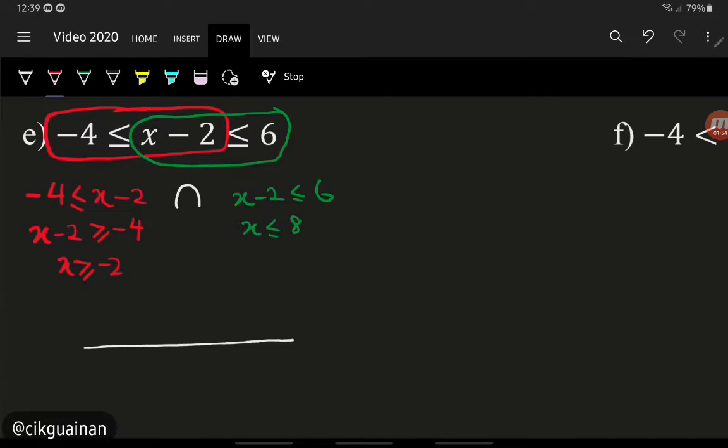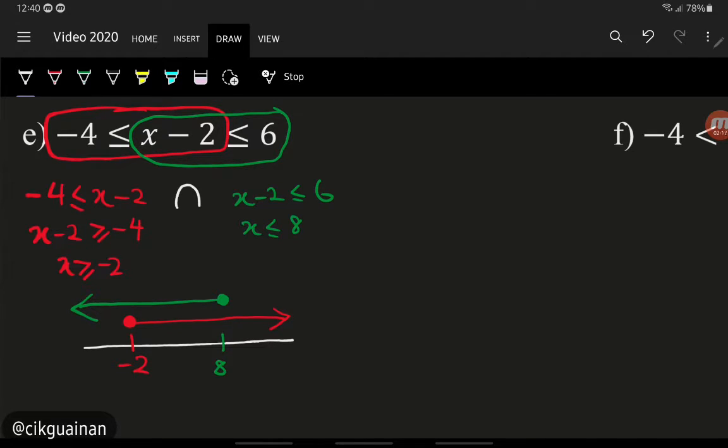So we have -2 over here, and it's a dense circle going to the right. This is the arrow. Meanwhile, for 8, it's over here, and it's a dense circle because we have the equal sign, going to the left.